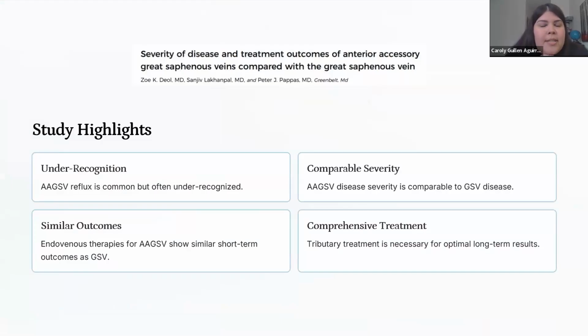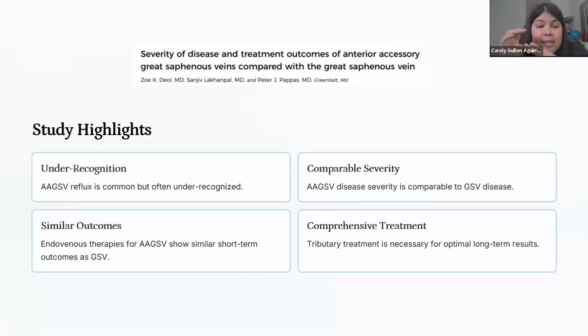So this study was on the severity of disease and treatment outcomes of the anterior accessory great saphenous vein compared to the great saphenous vein. It was done in our institution by Dr. Diol, Dr. Lacampal, and Dr. Papas. The study highlights the under-recognition of AAGSV reflux, which is common but often under-recognized, and has comparable severity to GSV disease.